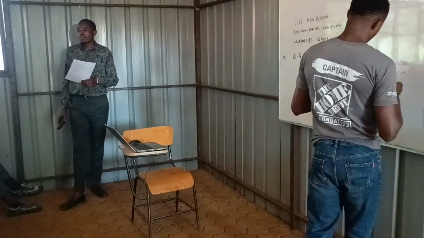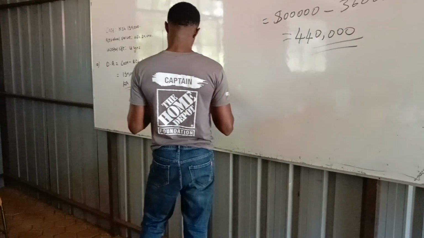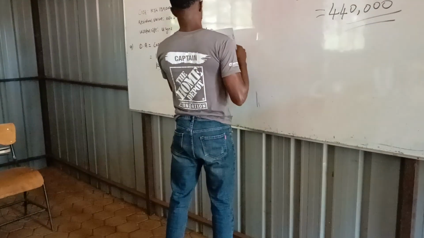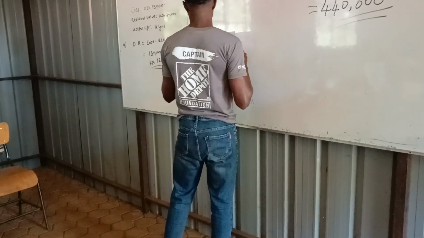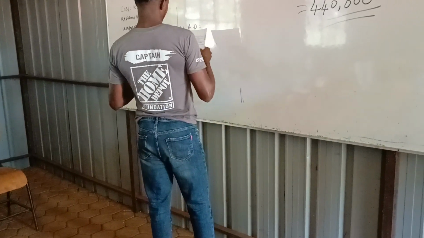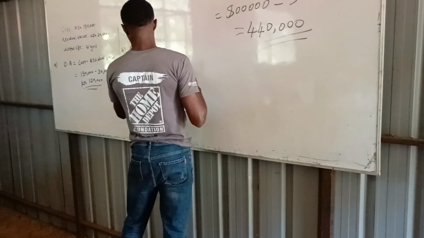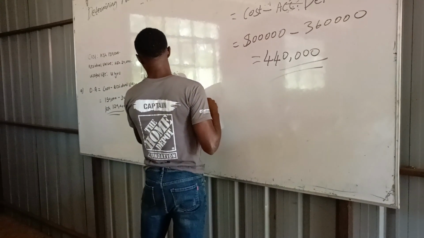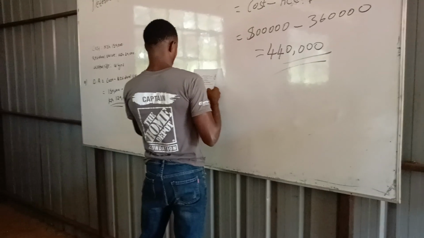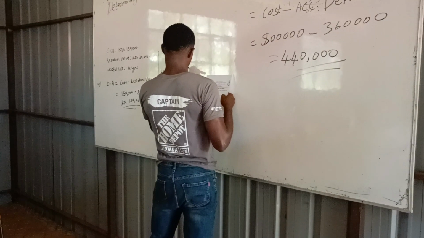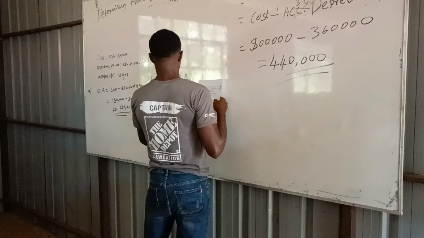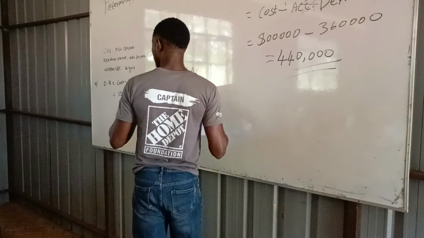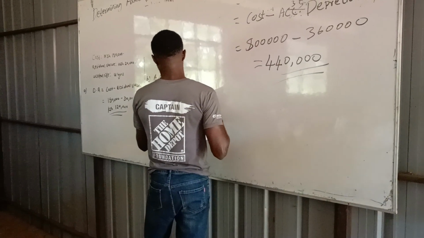So the next question is about the annual depreciation. The annual depreciation AD is equal to whatever you get as the depreciable amount divided by the total number of useful years, which is 4 years.